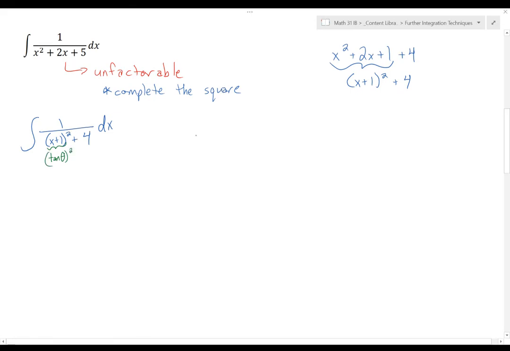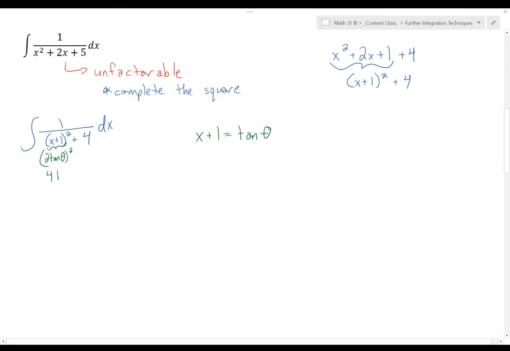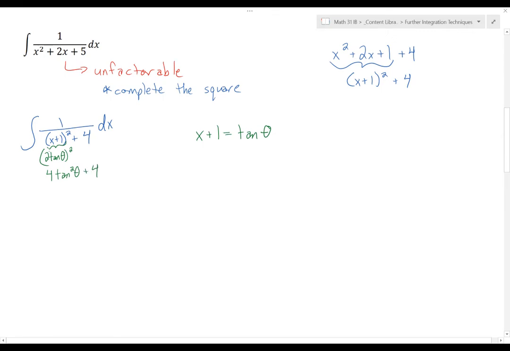So in other words, I'm going to replace x plus 1 with the tangent of theta. That's the substitution. Oh, no, sorry. That is not the substitution I want to do because I have that 4. That 4 is the problem. The 4 is what I want. So I want this to actually be 2 tan squared because I want this to be 4 times tan squared of theta plus 4, which allows me to factor out the 4. So I'm wanting to have a coefficient of 4 so that I can factor it out.